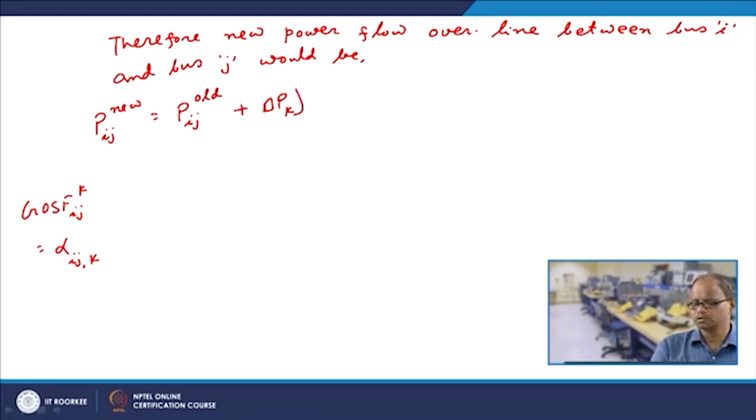So it would be into alpha ij k minus, now why would it be minus?